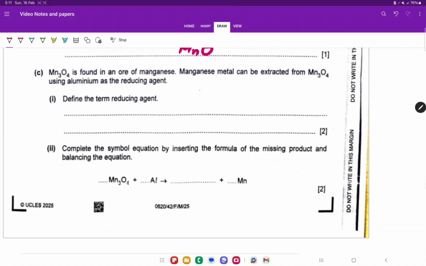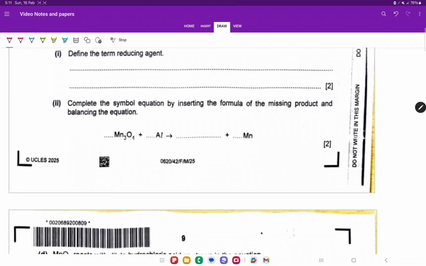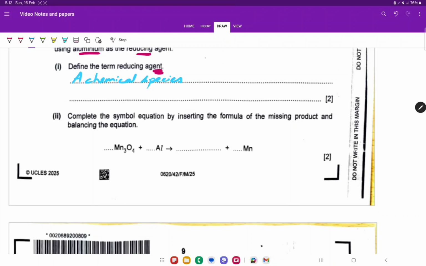Okay. Mn3O4 is found in an ore of manganese. Manganese metal can be extracted from Mn3O4 using aluminium as a reducing agent. Suggest the term reducing agent. Now, an agent is something which works for others. So what will a reducing agent do? A reducing agent reduces others and itself gets oxidized.